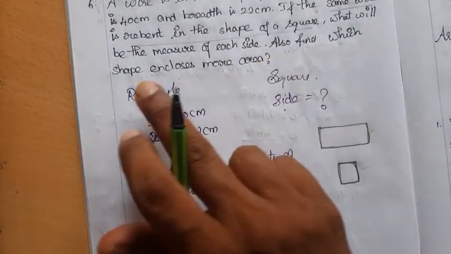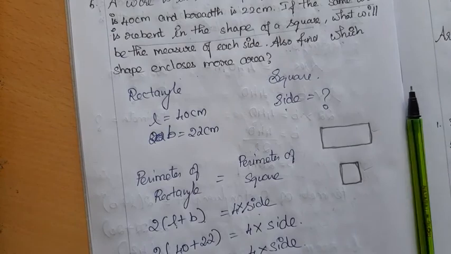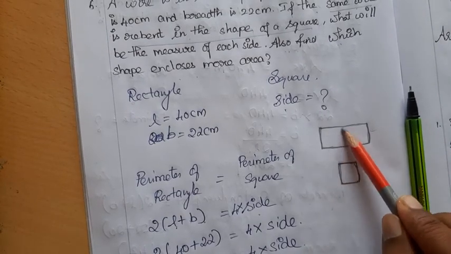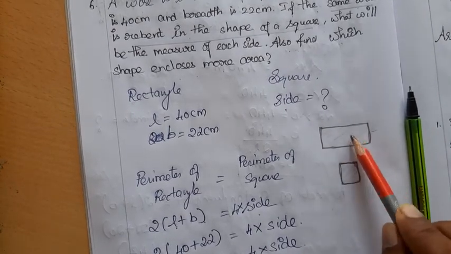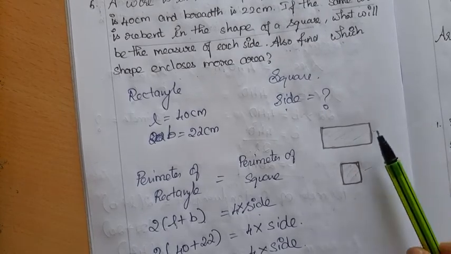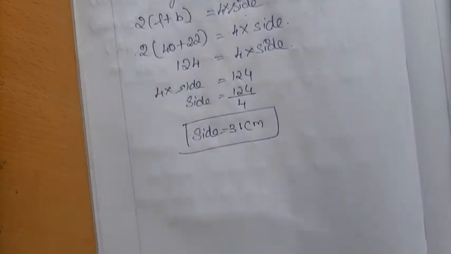They said also find which shape encloses more area. So now we want to find which enclosing area has more area. So we have to find the area for the rectangle and the area of the square, then we have to compare.